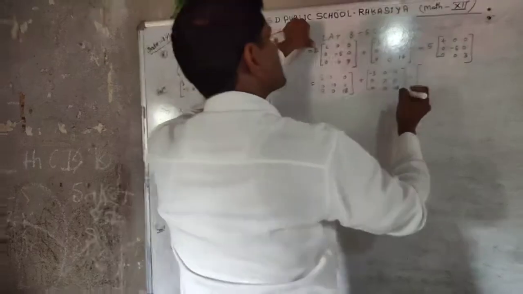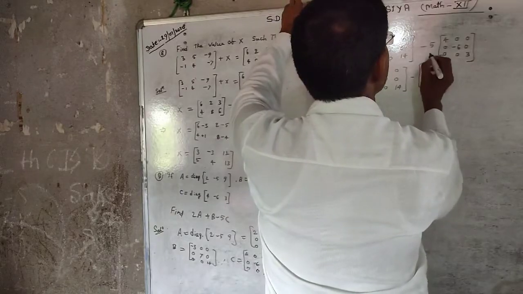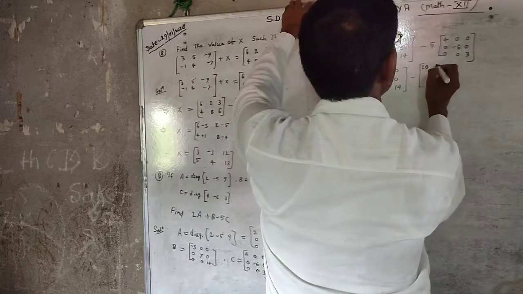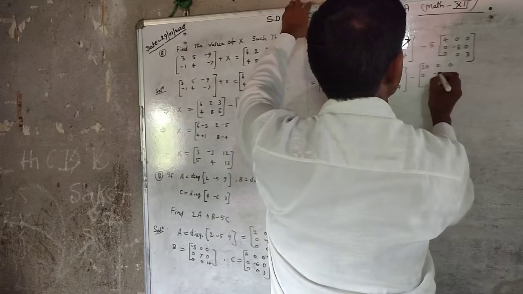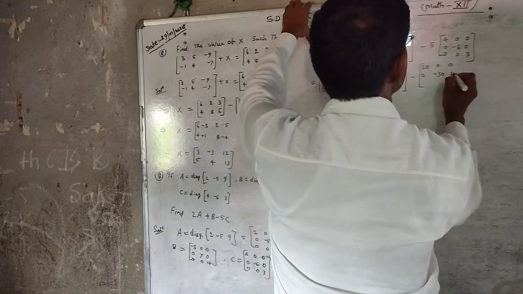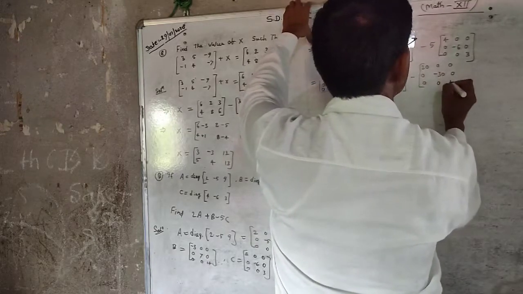Minus 5 is multiplied with all elements of matrix C, means 5 fours are 20, 0 0 0, 5 minus 6 are minus 30, means 5 into 0 is 0, 5 into 0 is 0, 0, and 5 threes are 15.